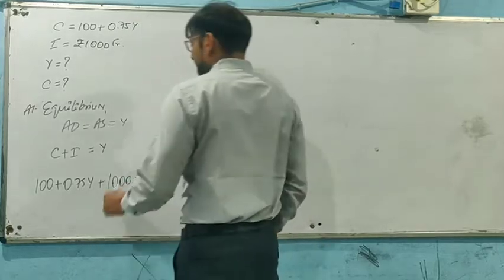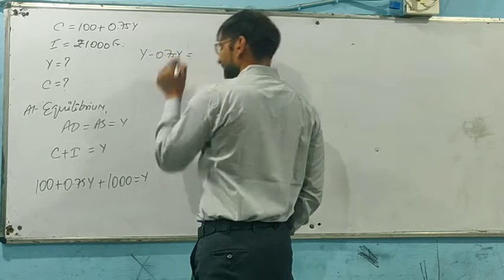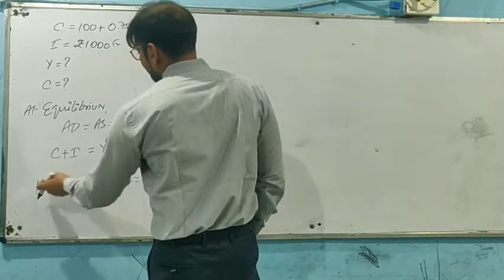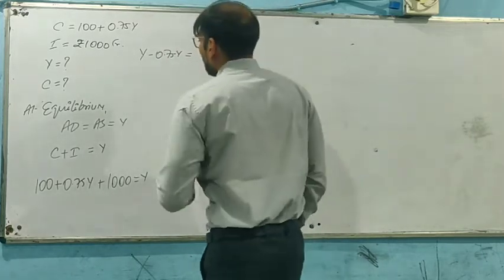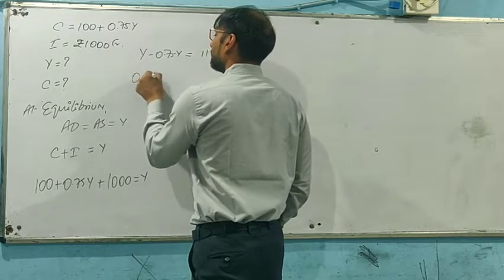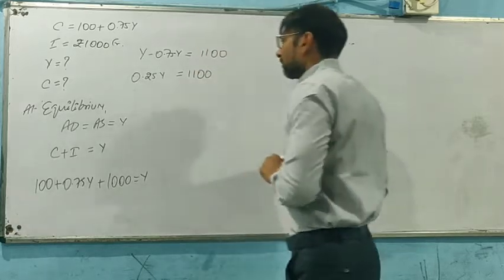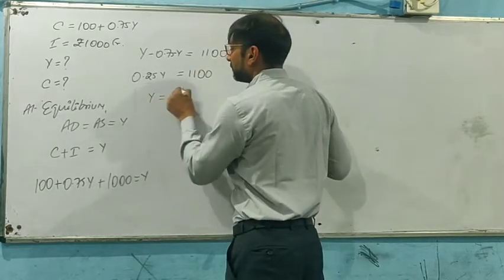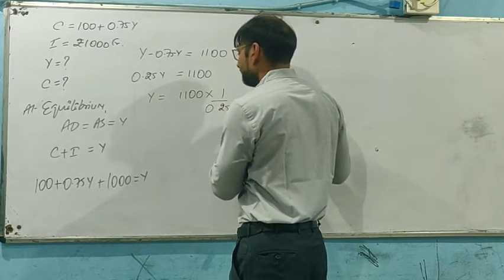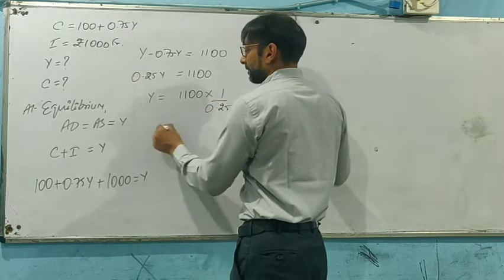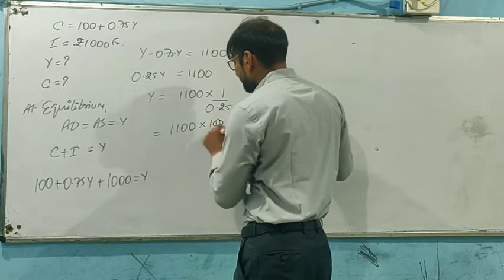Now, if we solve it, we get Y minus 0.75Y equals 1000 plus 100, that is 1100. So 0.25Y equals 1100, or we can say Y equals 1100 into 1 upon 0.25, or 1100 upon 0.25, which after cutting is basically 4400.